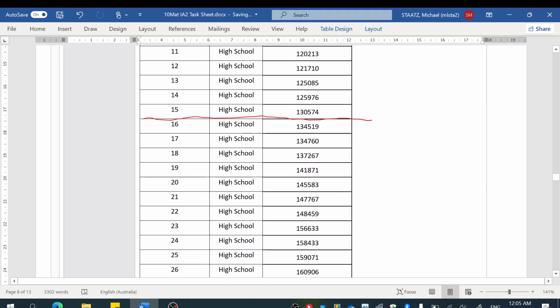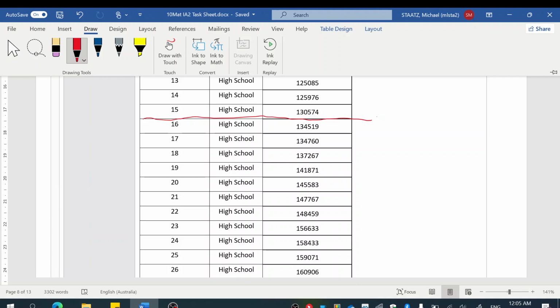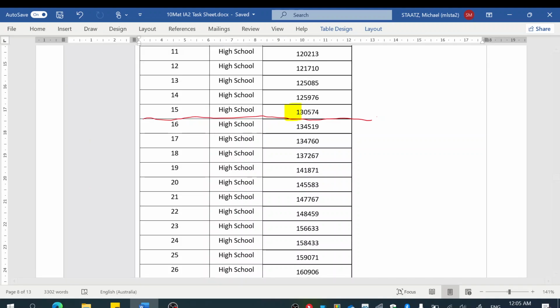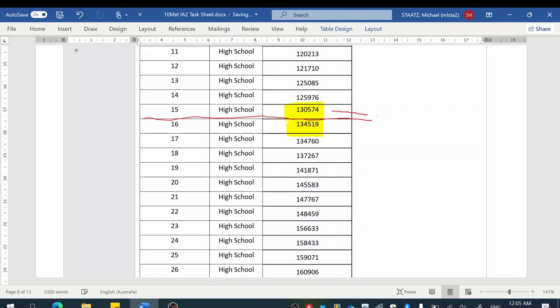Now, to work out actually what the median is, I need to look at two values in this case because I'm stuck between two. So I need to look at this value here and this value here. And what I am going to do is add these together.